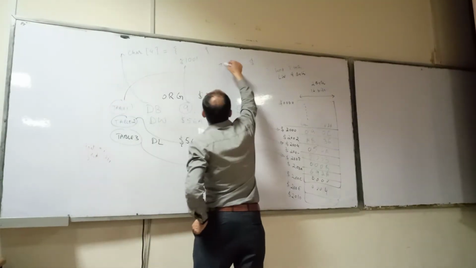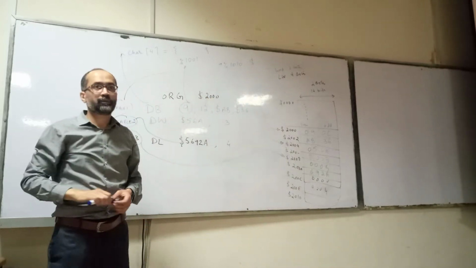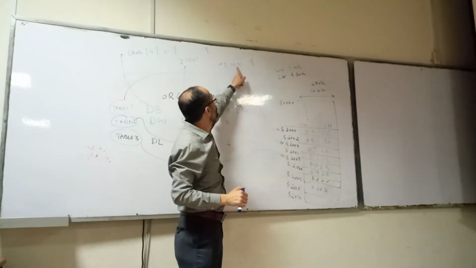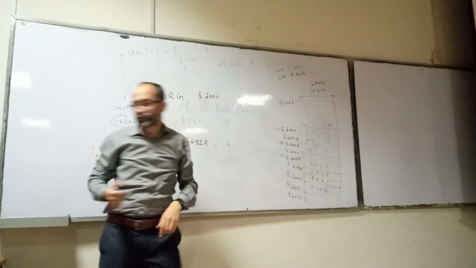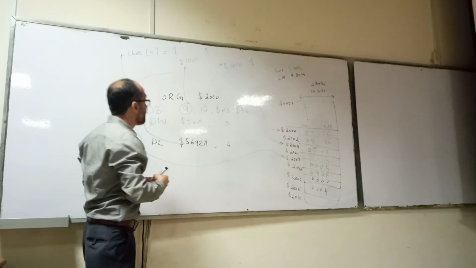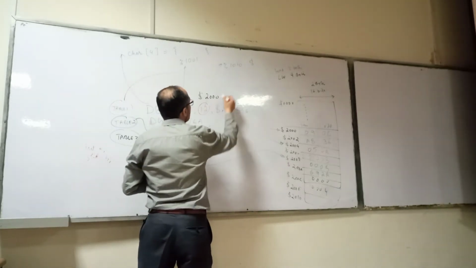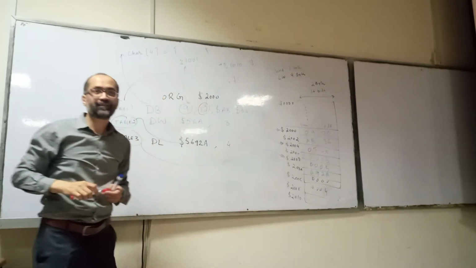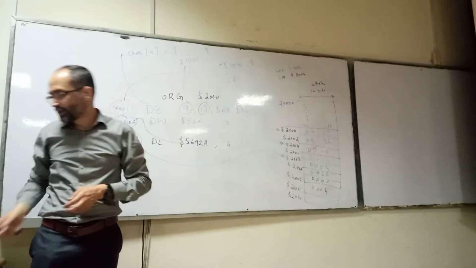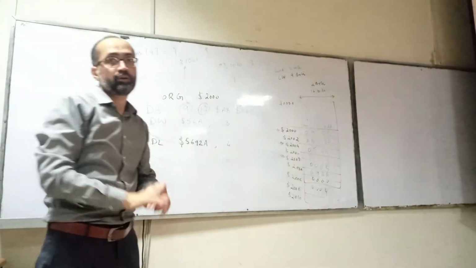So it is %1100. 1, 2, 4, 8. 8 plus 4 is 12. So this is the binary representation. If you want a hexadecimal representation, how can you do this? $C. So these are different representations, and you may use different representations depending upon your convenience.